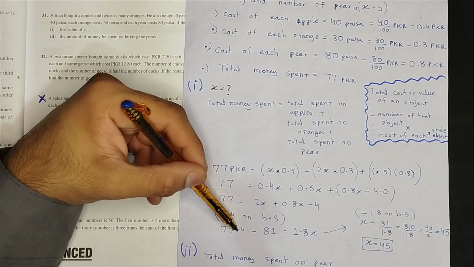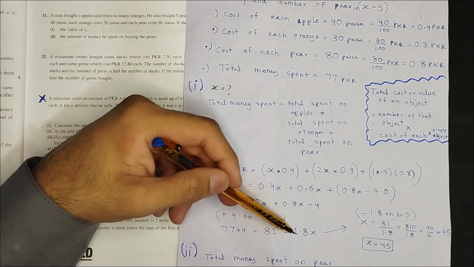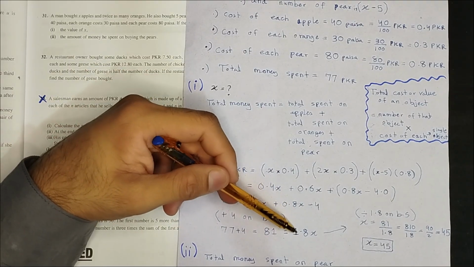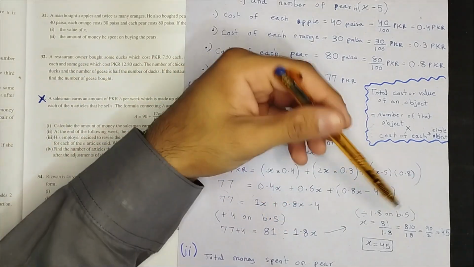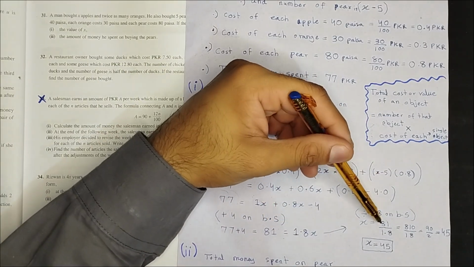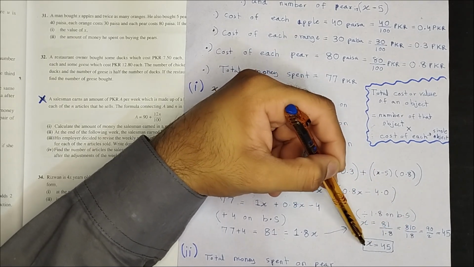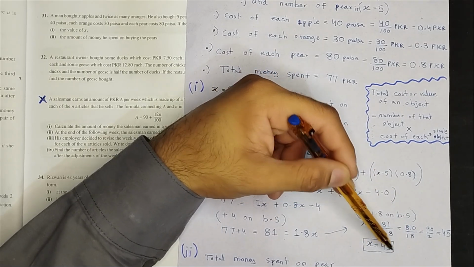So 77 plus 4 gives us 81, which is equal to 1x plus 0.8x, which gives 1.8x. Now when I divide by 1.8, I get the value of x, which is equal to 45.